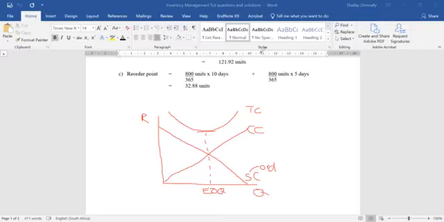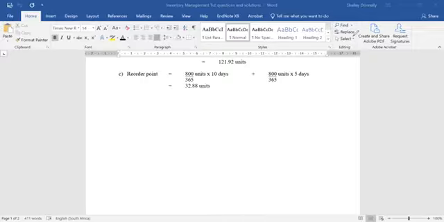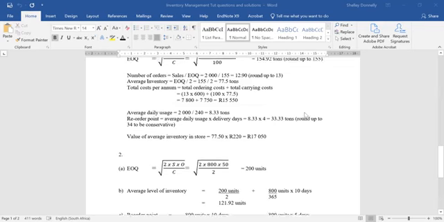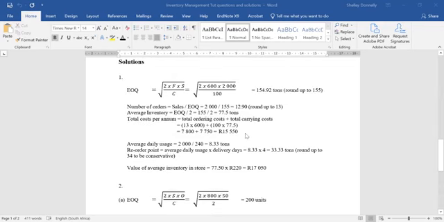Let me clear that so that I can scroll up. So that's sort of a check that your EOQ is correct. These costs need to be pretty much equal. And these are the total costs, the sum of your ordering costs and your carrying costs, or your shortage costs and your holding costs. Same thing.